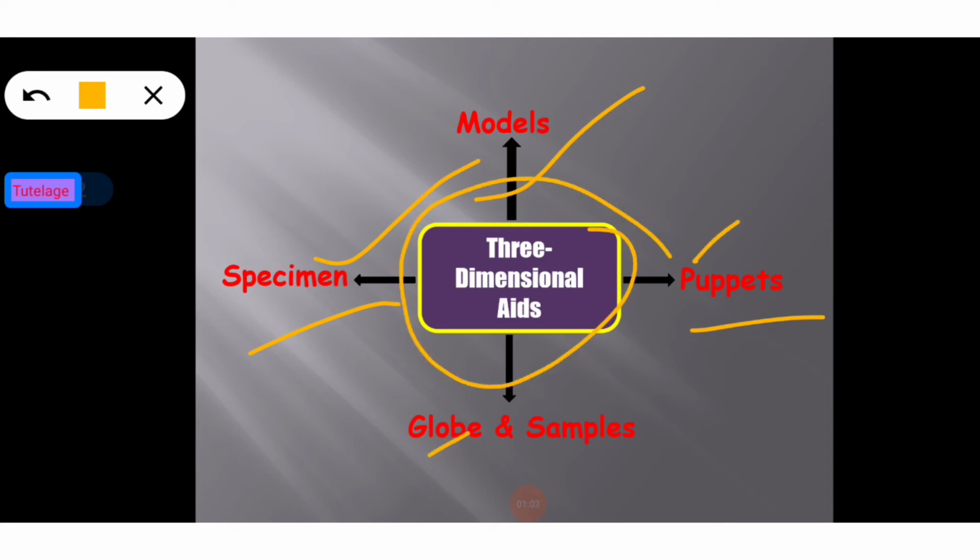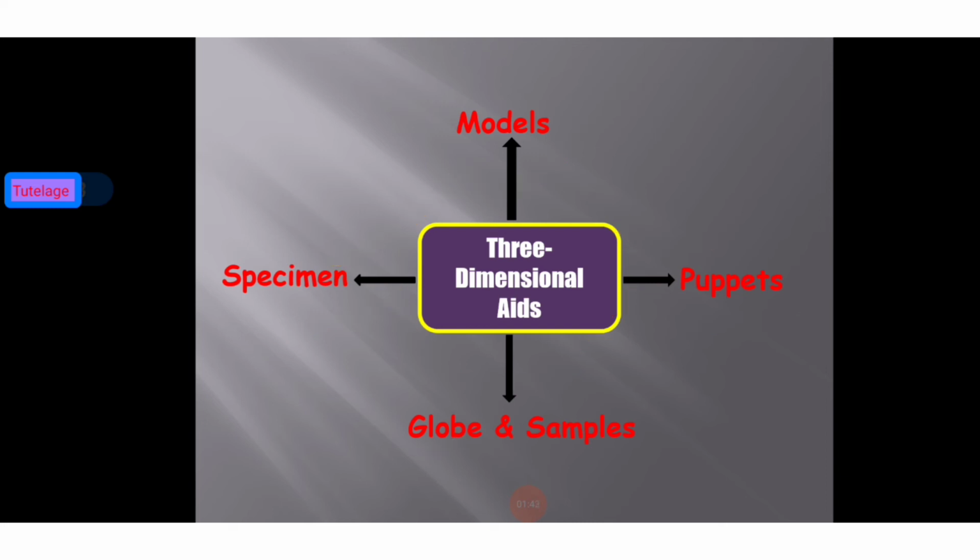Basically, we use three-dimensional aids in the teaching learning process where some objects cannot be brought to class as a real thing, like rockets, planets, mountains, wild animals, etc. That's why a model can be used for effective teaching. I think three-dimensional aids and their examples are clear to all of you.